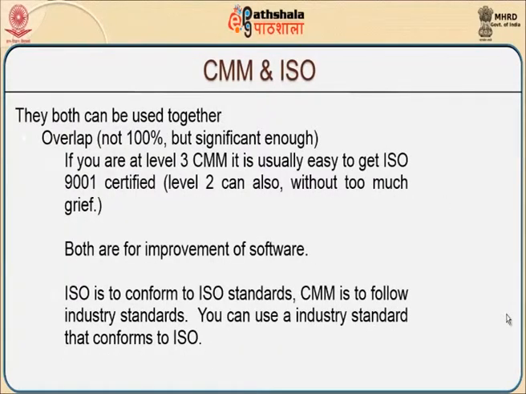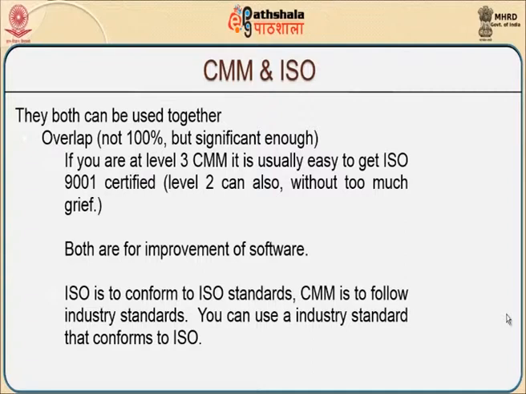Here again we will try comparing. We have seen some distinctions, but now we will look closely at what comparison we can make between CMM and ISO. Between CMM and ISO, they both can be used together. They overlap, not completely, but significantly.